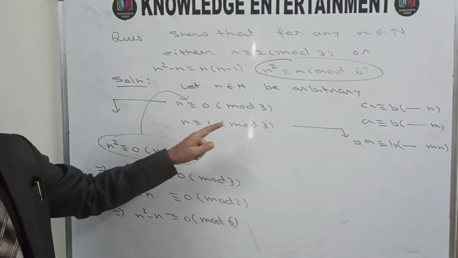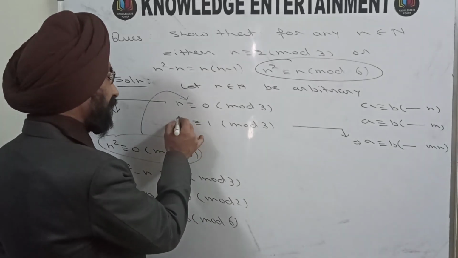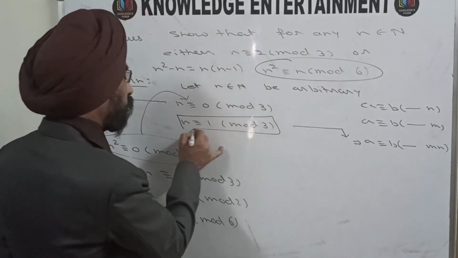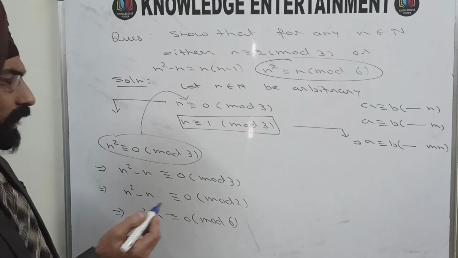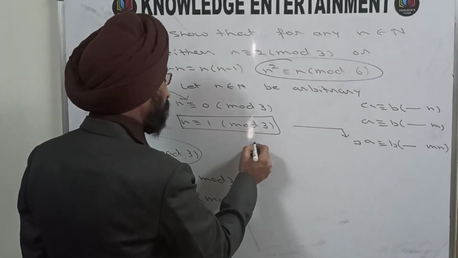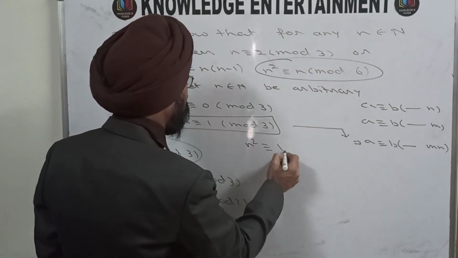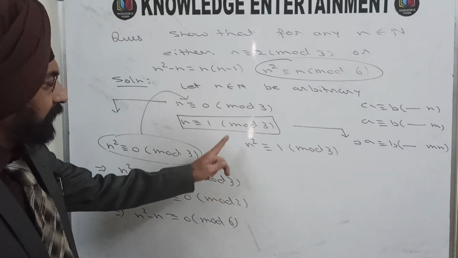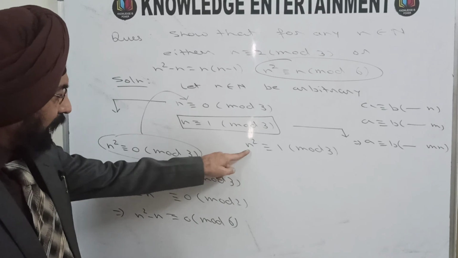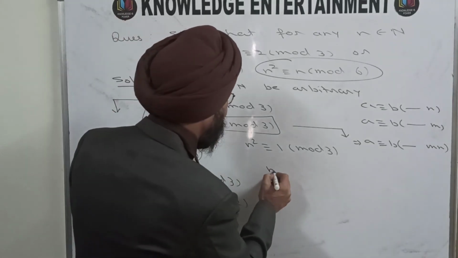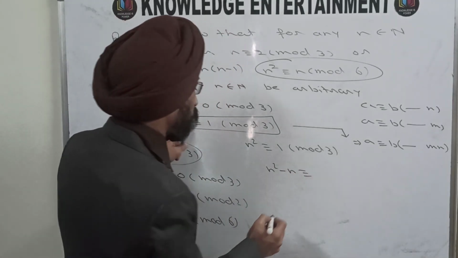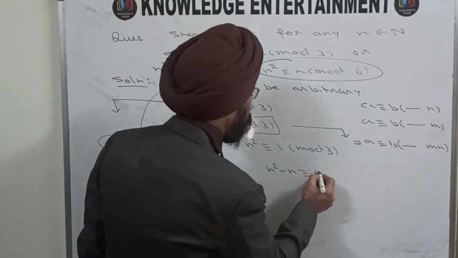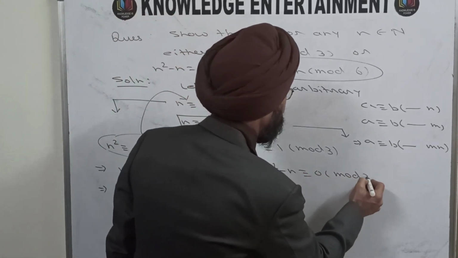The other case is also similar. In the other case, your n is congruent to 1 mod 3. Squaring both sides, you will get n square is congruent to 1 mod 3. And once again, subtract this congruence from this one. So n square minus n is congruent to 1 minus 1, that is 0 mod 3.